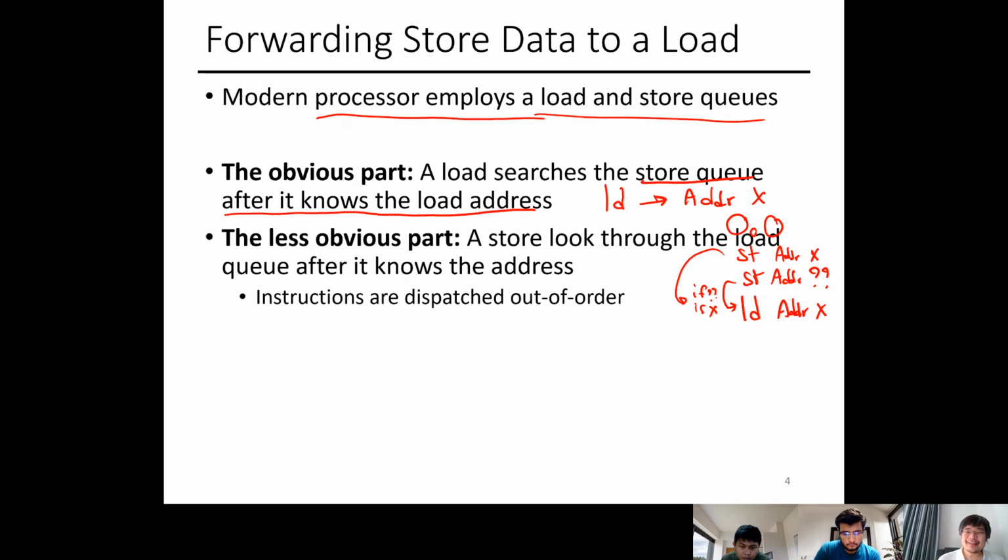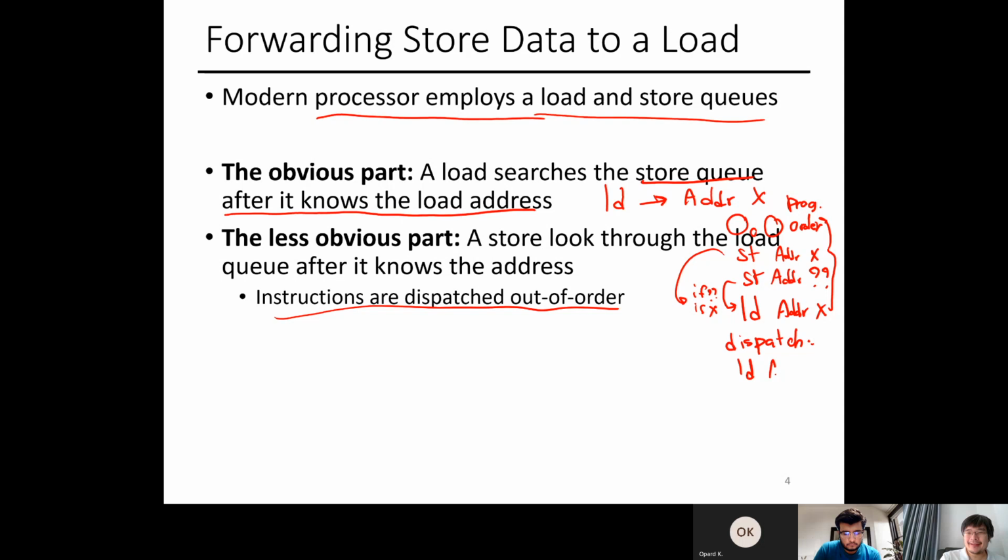So the less obvious part is, what if something like this happens? A store also needs to look through the queue, right? When I have a store, another thing that can happen is instructions are dispatched out of order. So let's say this is your program order. This is program order, right? But in the dispatch with out of order processing, this is what happened.